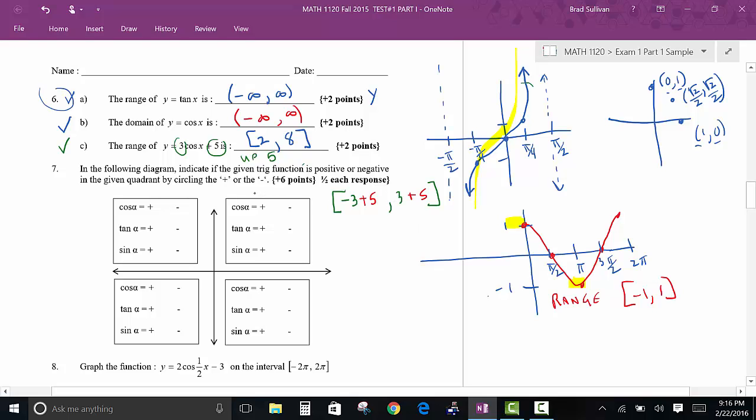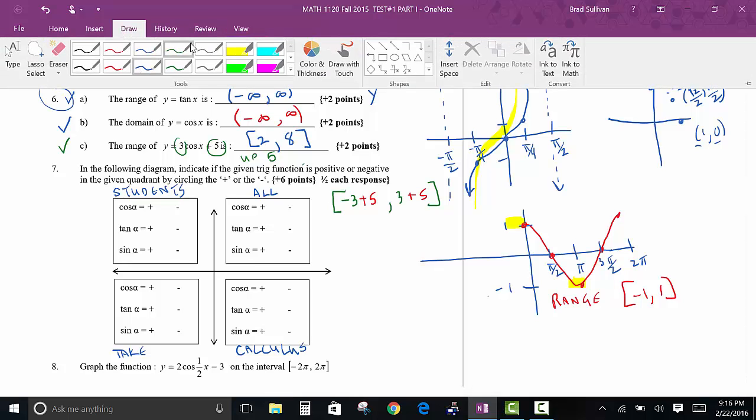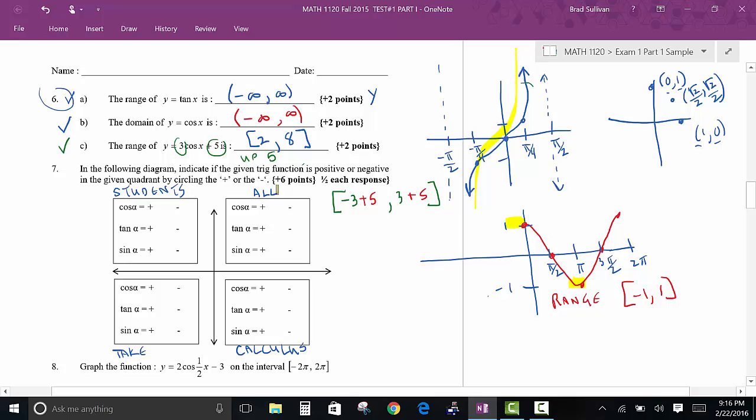One of the things that I taught you on this is: All Students Take Calculus. Now you can do this or you can reason it out. If you learn this statement, how can you go wrong? So here's the idea. In quadrant 1, everything is positive.